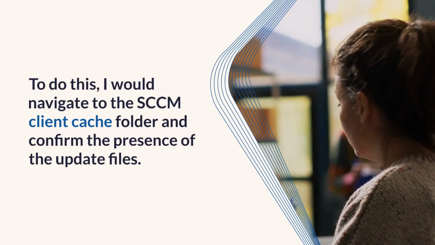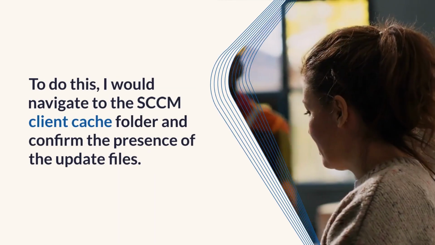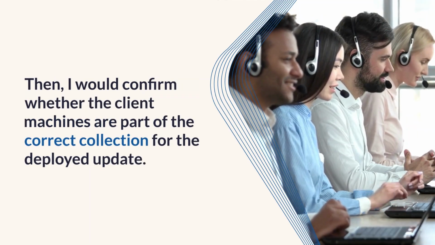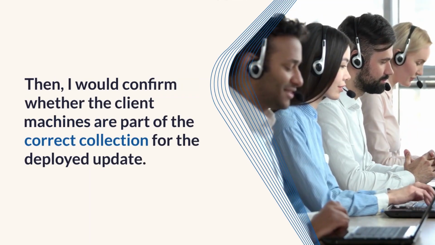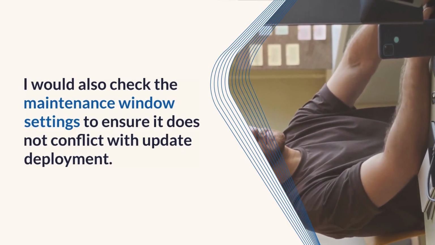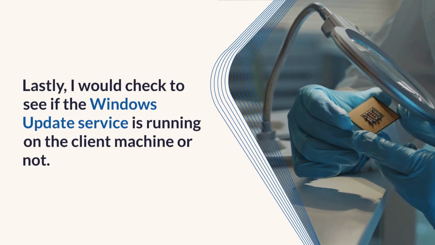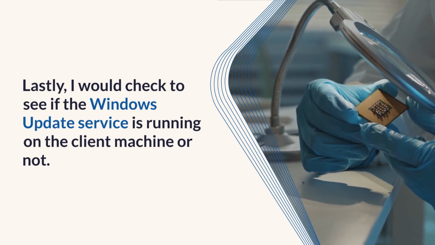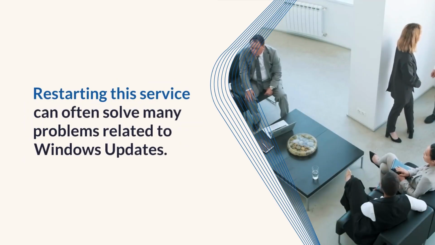To do this, I would navigate to the SCCM client cache folder and confirm the presence of the update files. Then, I would confirm whether the client machines are part of the correct collection for the deployed update. I would also check the maintenance window settings to ensure it does not conflict with update deployment. Lastly, I would check to see if the Windows Update service is running on the client machine or not. Restarting this service can often solve many problems related to Windows updates.